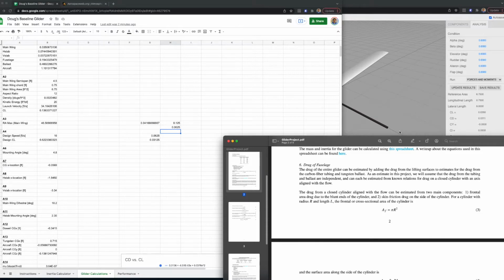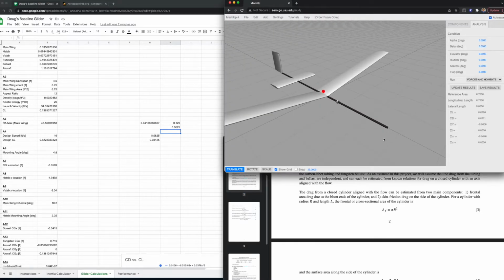Okay, so people have studied this for years. They know exactly how much drag is on a cylinder that's aligned with the flow. Okay, so we're going to treat these as two independent cylinders. We've got one long tube cylinder here. And by the way, we're going to assume that the ends of these are capped, right? So that no flow can go through the center of this.